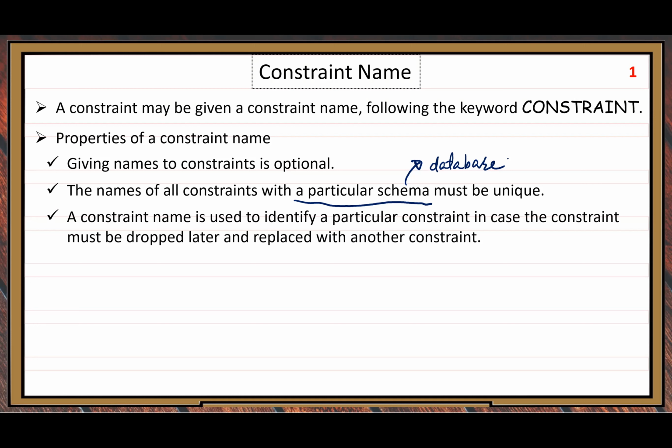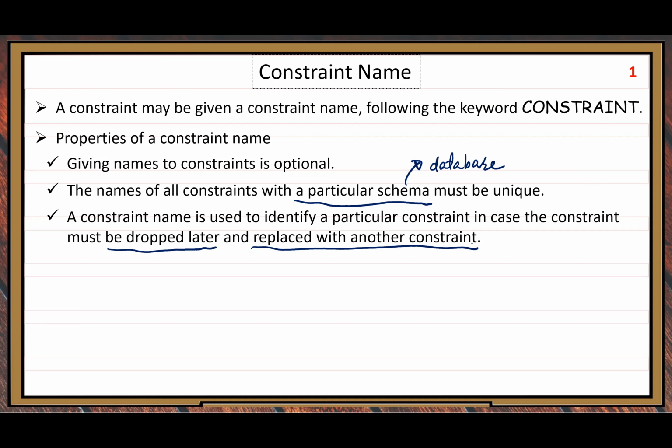A constraint name is used to identify a particular constraint in case the constraint must be dropped later and replaced with another constraint, if you want to make some change on it.